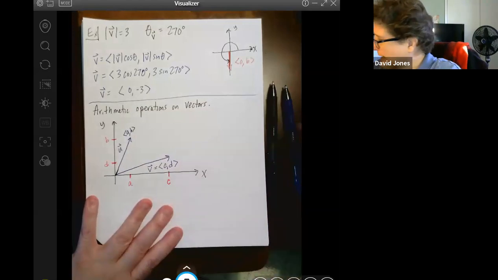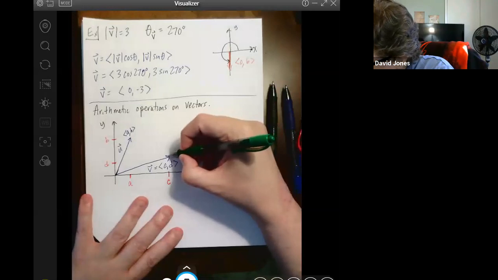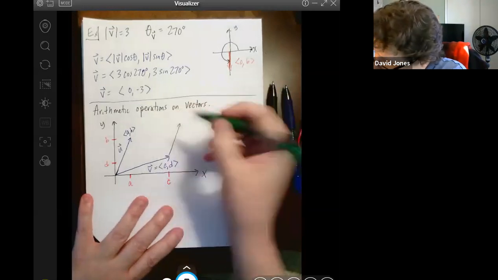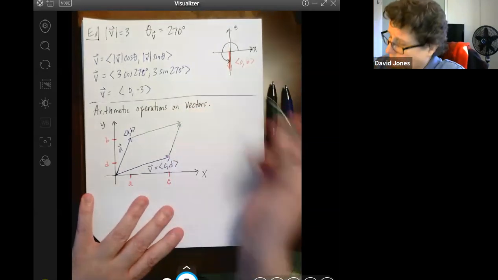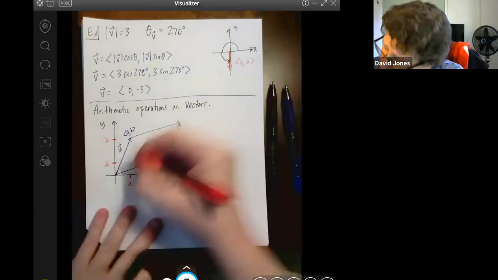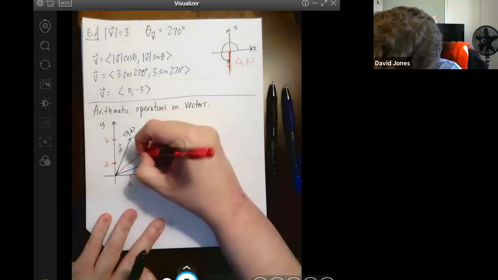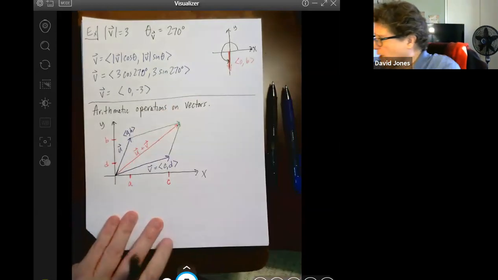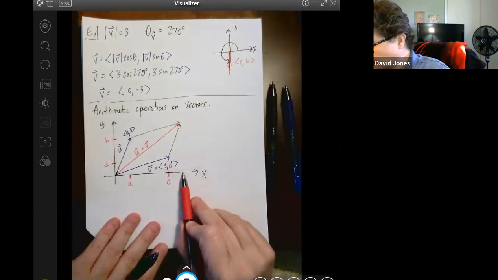And now let's look at adding them. Remember, when we add vectors, we do tip to tail. We can make a parallelogram. So this will be U plus V. How far over have we gone on this part?